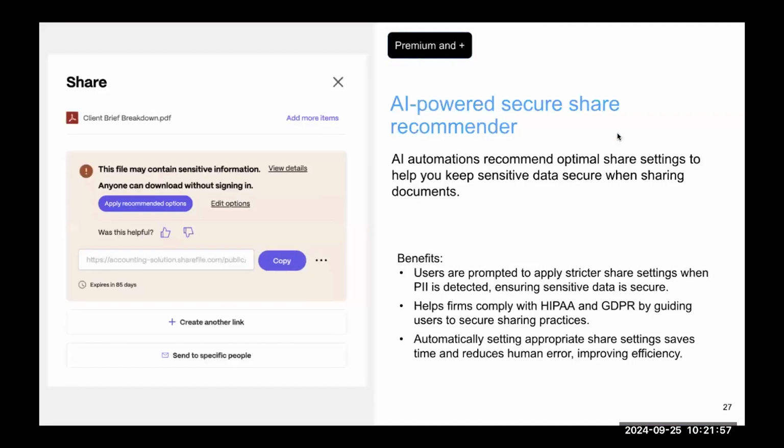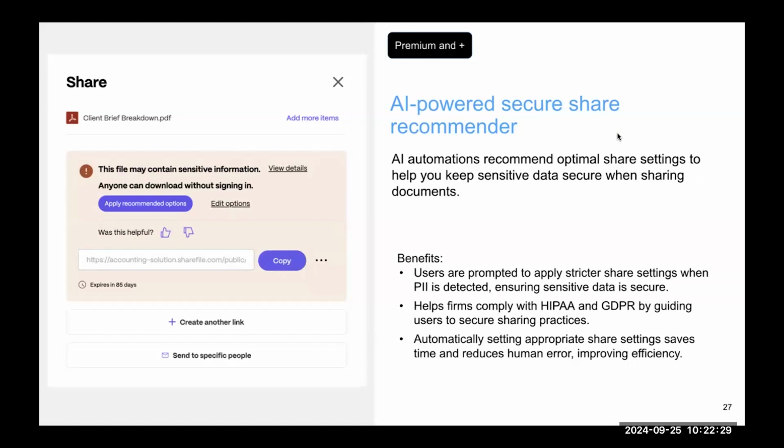This is available in premium and above plans, but you can see on this screenshot of an active recommendation that it's sending. So if you have a file that you're sending, whether it's by email or by the hyperlink function, if you're sending links out, and you select a less secure share setting, like making it an anonymous link that anyone can open, this will automatically scan the file and search for any sensitive PII information.